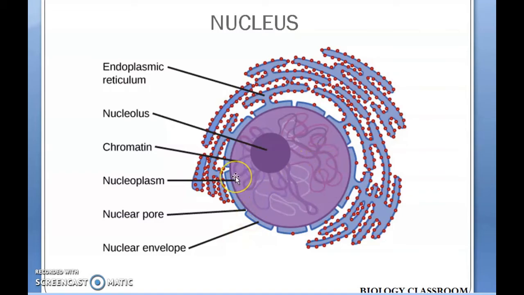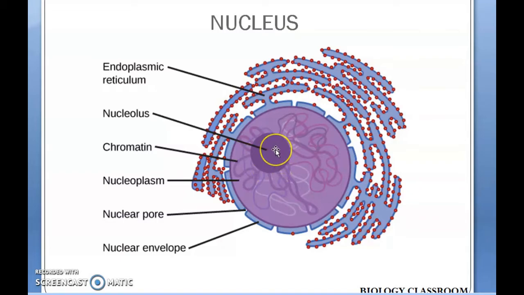It contains small pores called nucleopores, which allow the transfer of selective material from inside the nucleus to the outside cytoplasm. Nucleoplasm: the nucleus is filled with a transparent granular liquid matrix called nucleoplasm, and the nuclear components such as nucleolus and chromatin material are embedded in it.